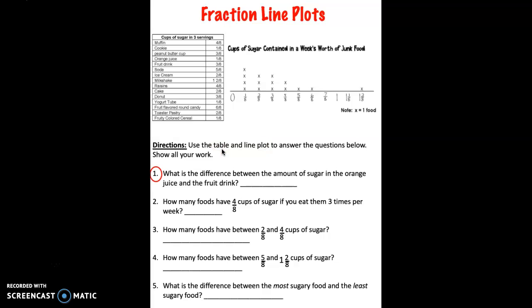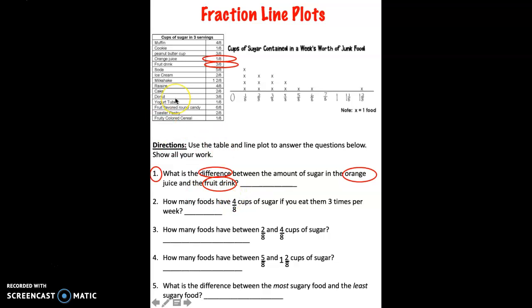Number 1. What is the difference between the amount of sugar in orange juice and the fruit drink? So the first thing I'm going to do is look at my table. I'm going to find orange juice. Then I'm going to find fruit juice. Now remember, we're looking for the difference, which means we're going to subtract.